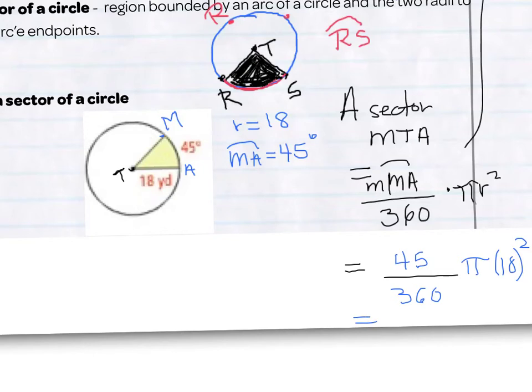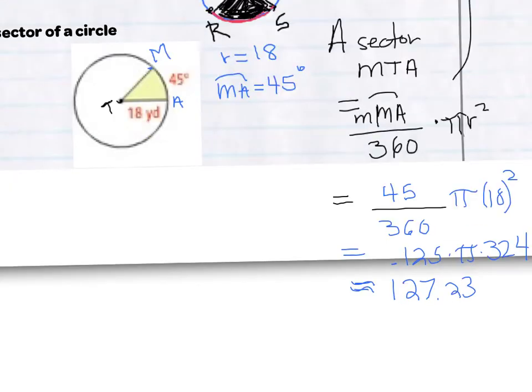Now if I substitute in what I know and simplify, I'm going to get 127.23. And remember, this is the measure of the area, so this is going to be yards squared, because this is area, two-dimensional.